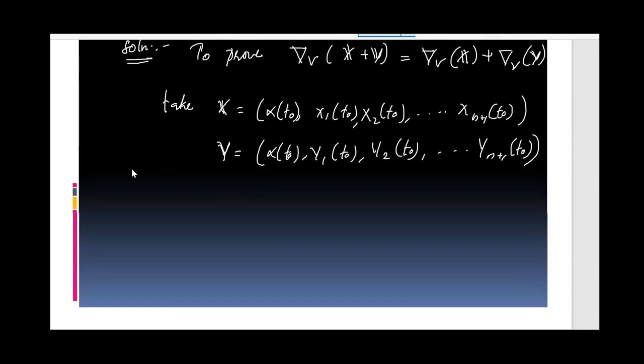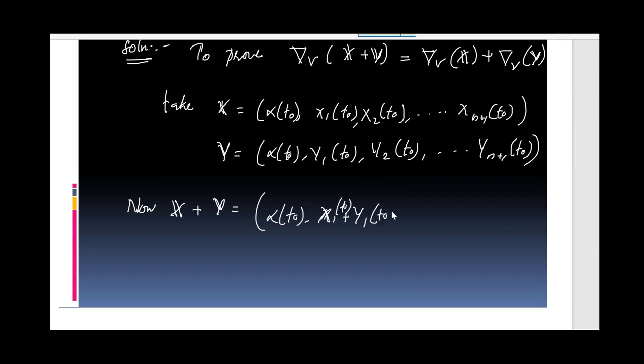Now x plus y is equal to (alpha of t naught, x1 t naught plus y1 t naught, etc., x_(n+1) t naught plus y_(n+1) t naught). So this is the function.